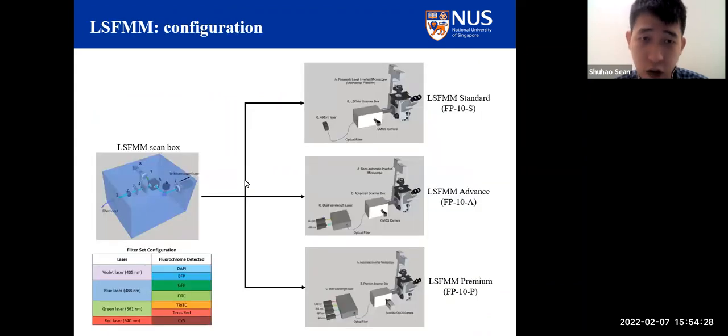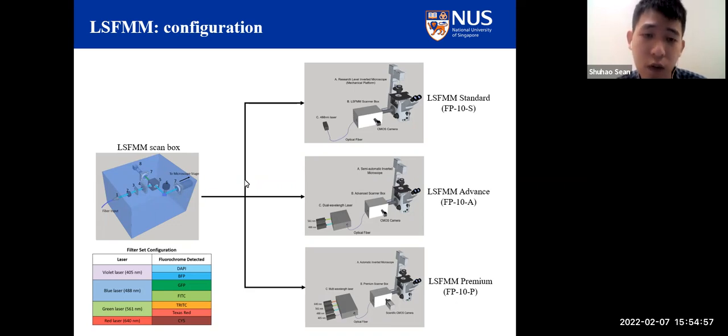And in configuration, we have at least three configurations: the standard one, the advanced one, and the premier one. This is the standard one. We only have a single laser and use a CMOS camera. It's a very basic frame for very basic research.